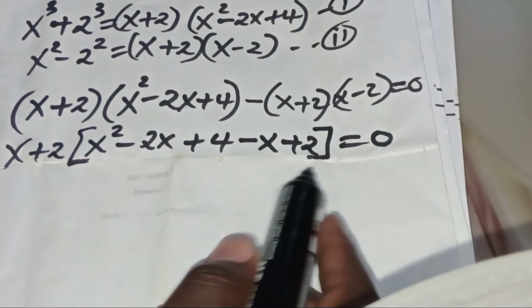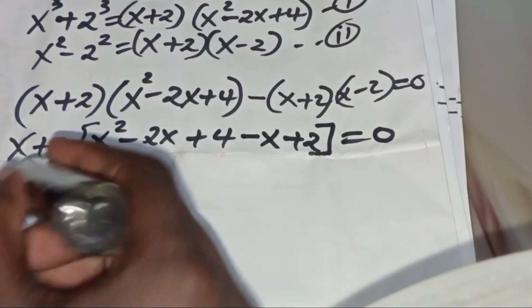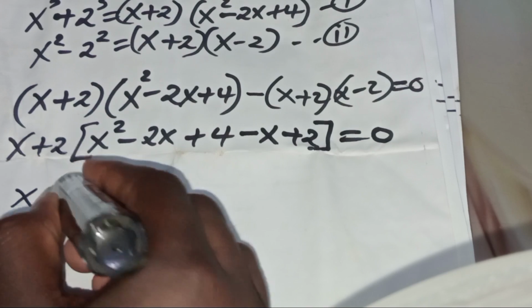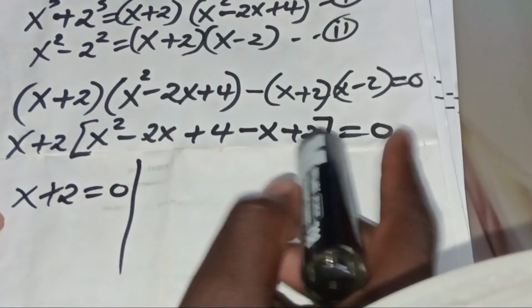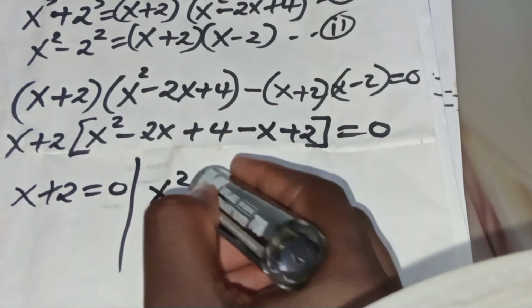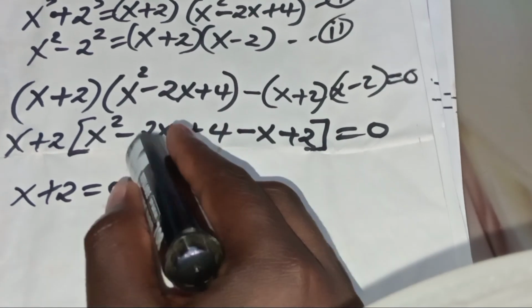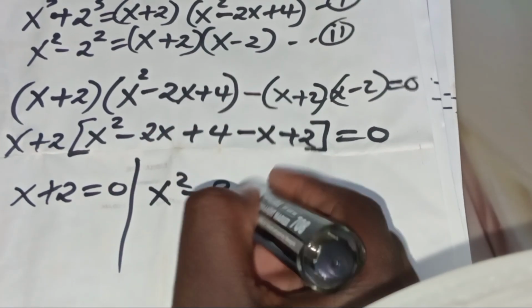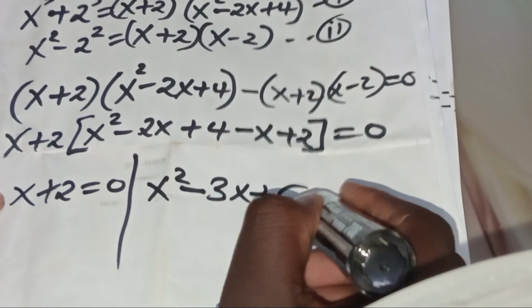Now we have two parts here. The first part is x plus 2, which is equal to 0. The second part is x squared, subtract 2x minus x, this is 3x, plus 6, this is equal to 0.